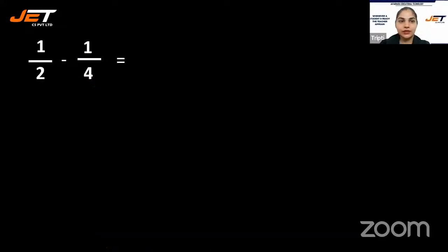Next one, 1 by 2 minus 1 by 4 means half minus quarter. Okay, interesting. A half minus a quarter.